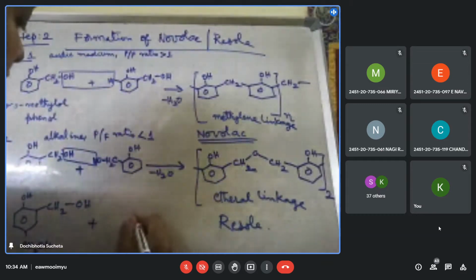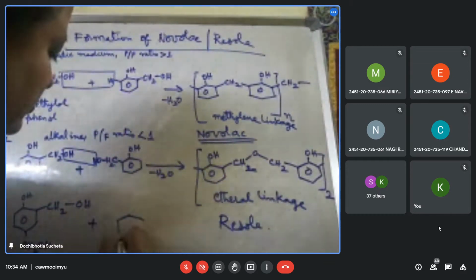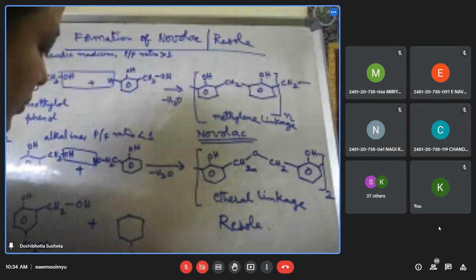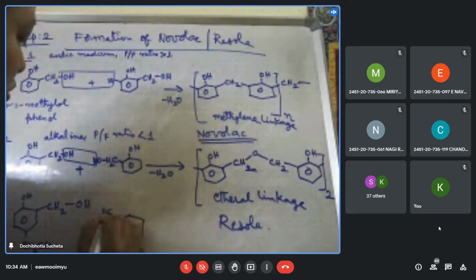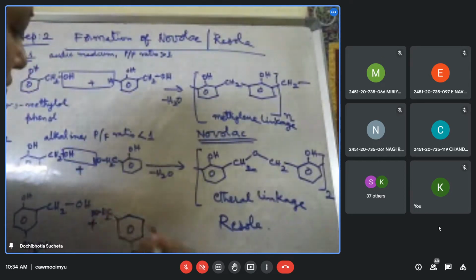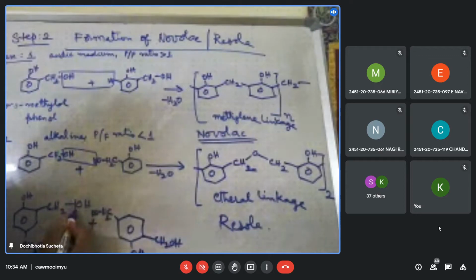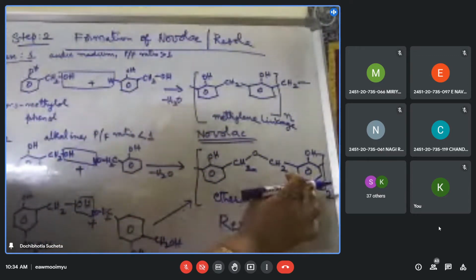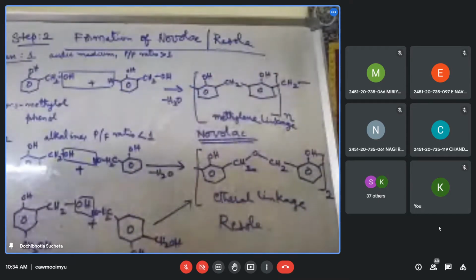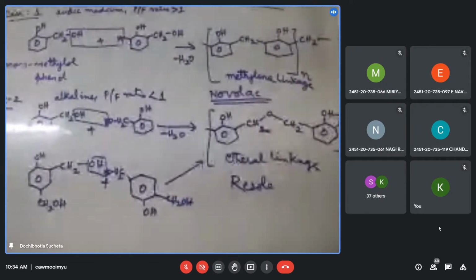You can also write one more structure here like this. I can reverse it. OH, CH2OH, CH2OH, minus H2O. Again, it will be the same structure, with the OH in the reverse direction. Get it? Hello, hi.